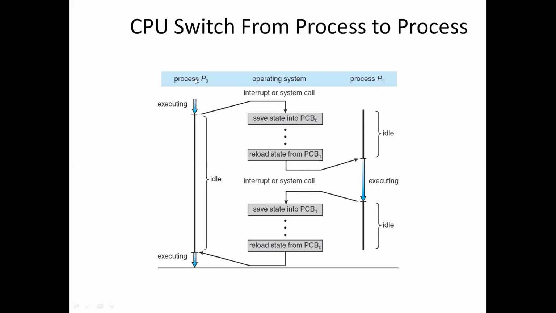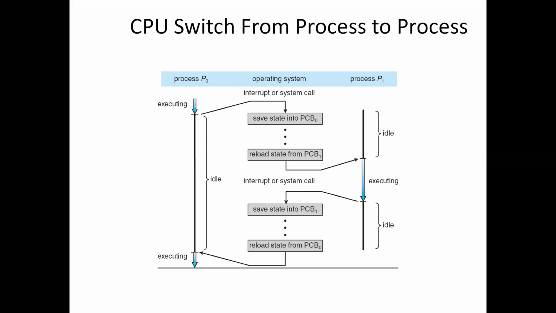Here you can see process P0's information is first saved to the process control block 0. Then it will load the state information from process control block 1, that is process P1's information, and start executing process P1.